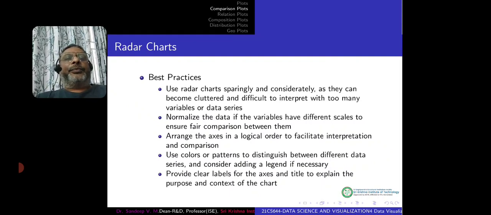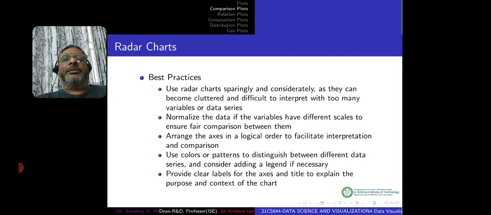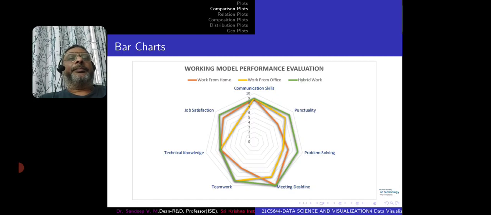Title, labels, legend, colors, and the order of the axis all matter when it comes to conveying the information more easily to the stakeholders. So those are some best practices we need to ensure.